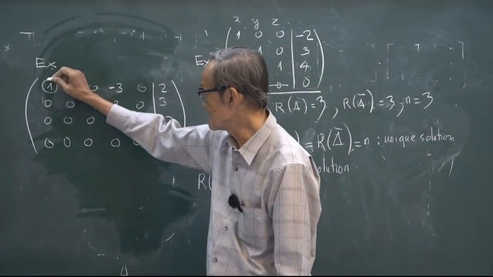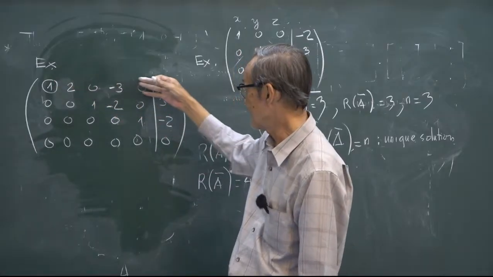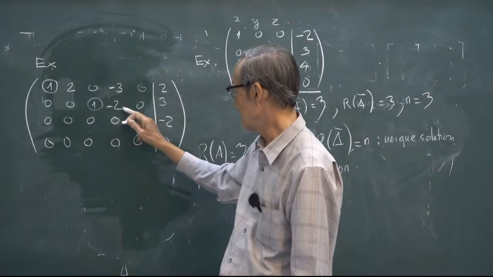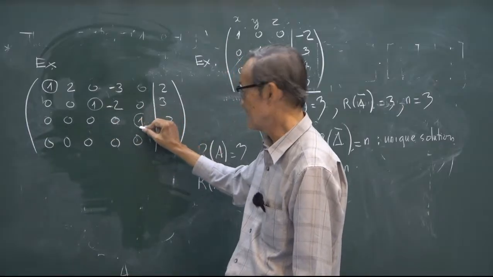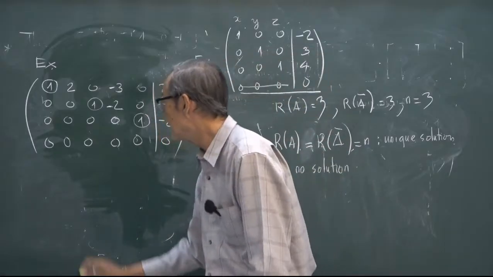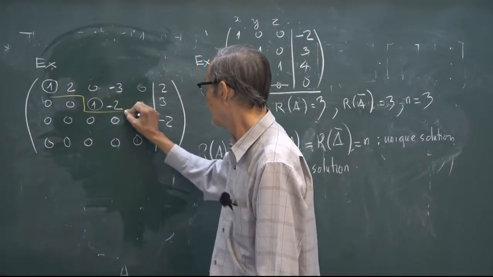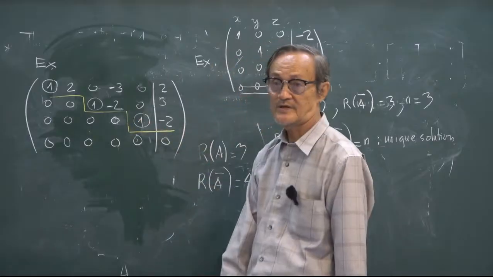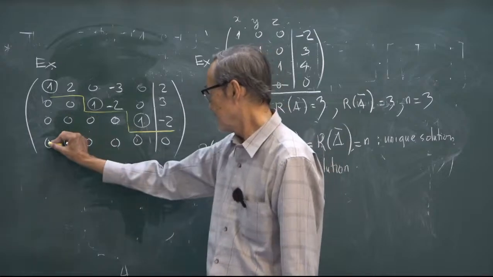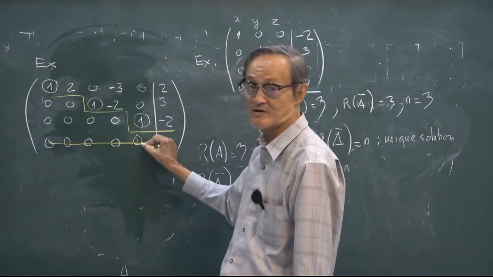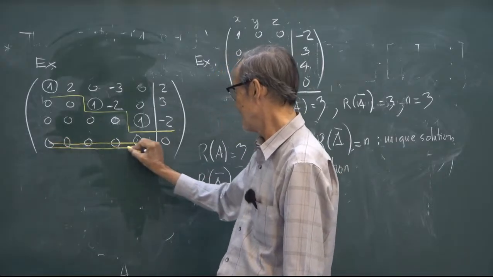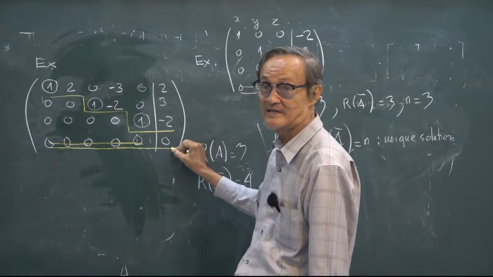First non-zero element from the left, first non-zero element from the left, first non-zero element from the left. This is the 0 row of A, this is the 0 row of A upper bar.